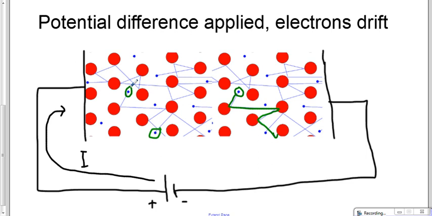This one ended up more leftward from where it started. This one ended up more leftward. So if we look over a period of time, we'll see most of the electrons have drifted. Now this drift speed is really, really tiny. We're not talking about the actual speed of the electrons as they collide and bang into these things, but the overall drift speed might be on the order of millimeters per second, or perhaps even less than that.